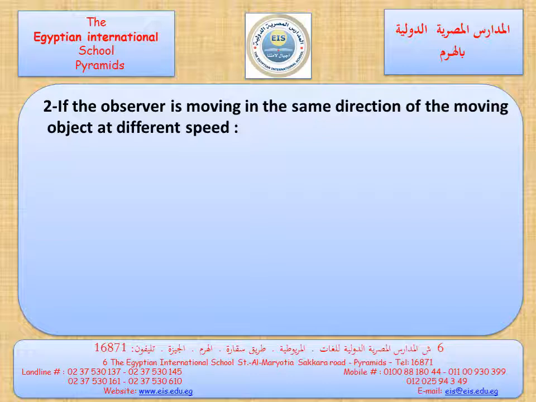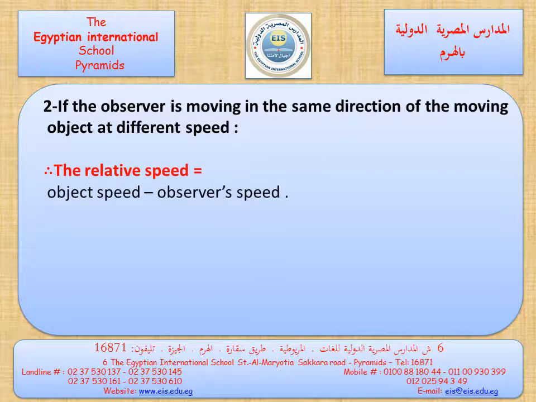We can calculate the relative speed in this state by making the object's speed minus the observer's speed.